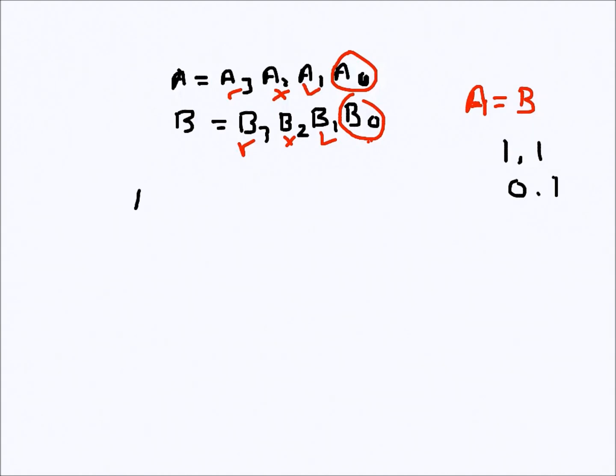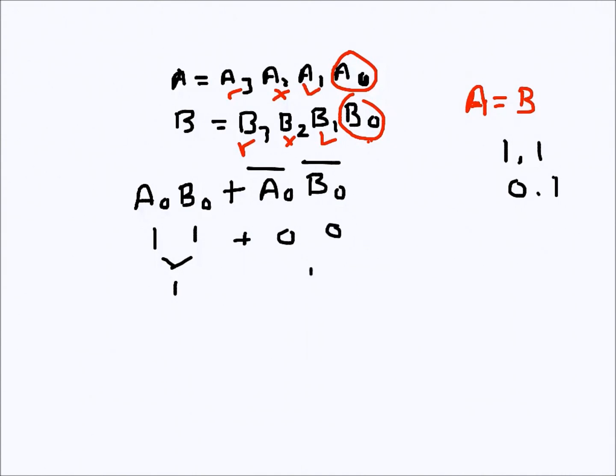That means either both are ANDed, so when both are 1 we will get a 1 here, or you can do A0 bar B0 bar. That means when both are 0 we will get a 1 here because it's inverted like that. If one of them is 1 and the other one is 0, both of these will be 0, because this one will be 0 and this one will be 0. So these are the two conditions that we can call equal.